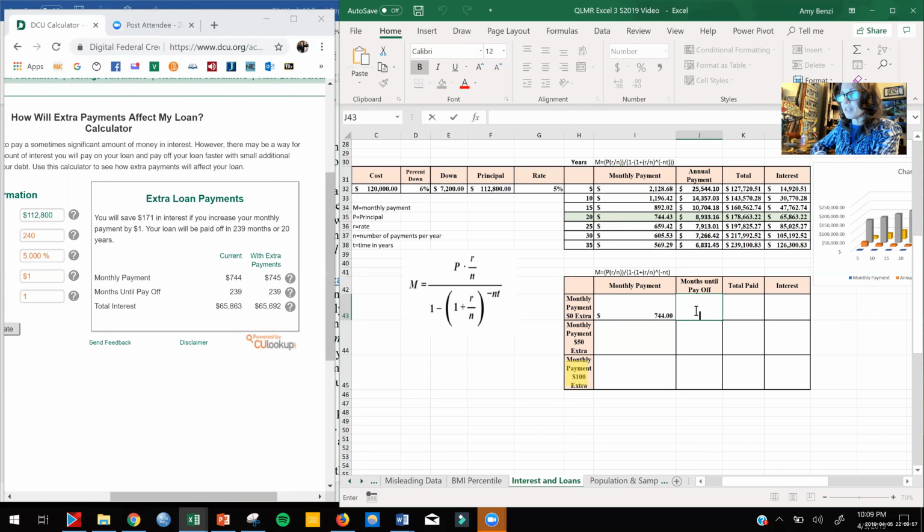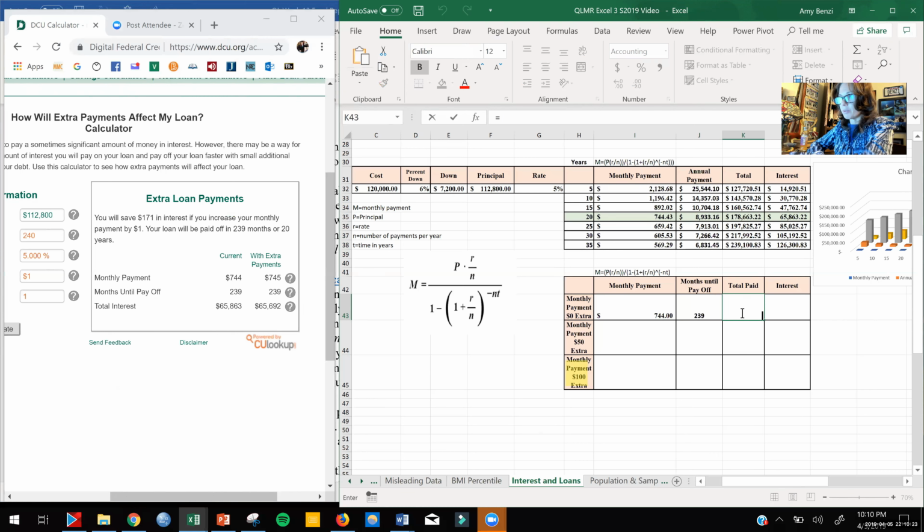How many months until we pay it off? 239. And you can't see where I'm pointing to. I'm getting this data from the web page over here. Hopefully you can see that. The total amount that I paid for the house, I am going to collect that information by my monthly payments.